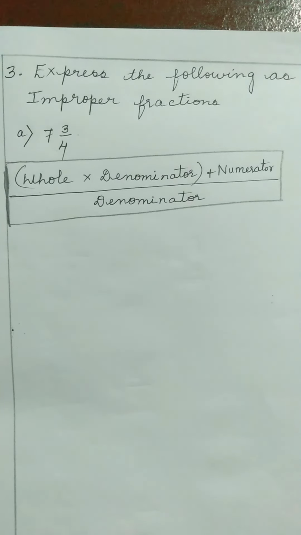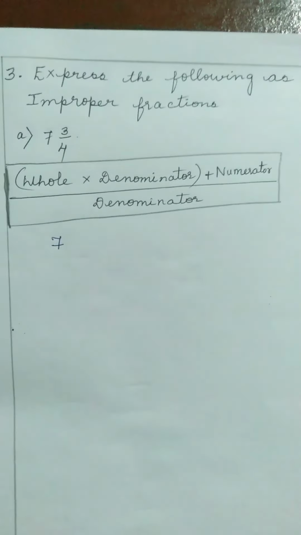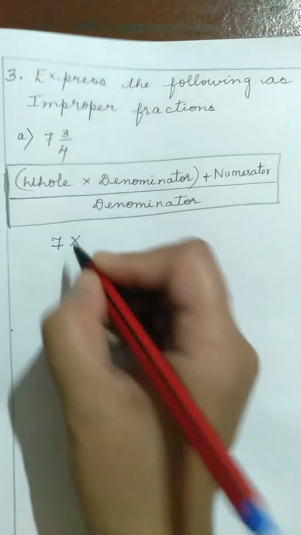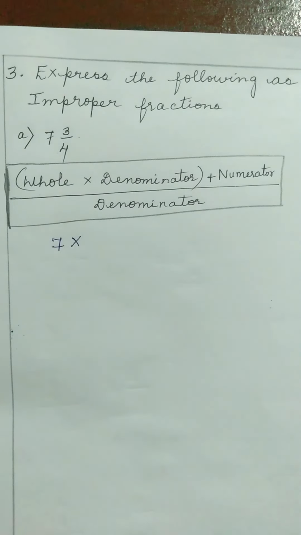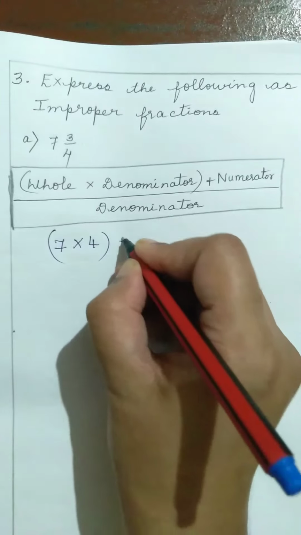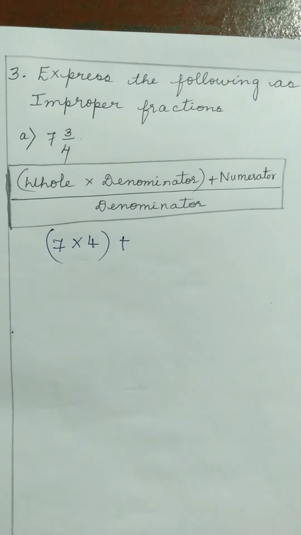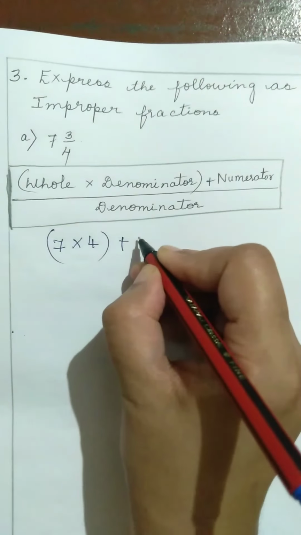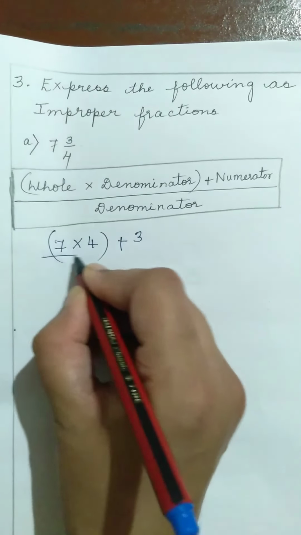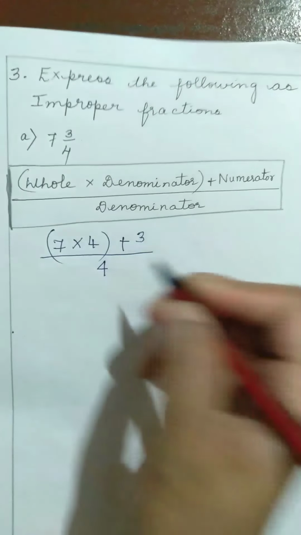Therefore, 7 is the whole into the denominator in 3 by 4. 4 is the denominator plus numerator. In 3 by 4, the numerator will be equal to 3, divided by the denominator, that is equal to 4.